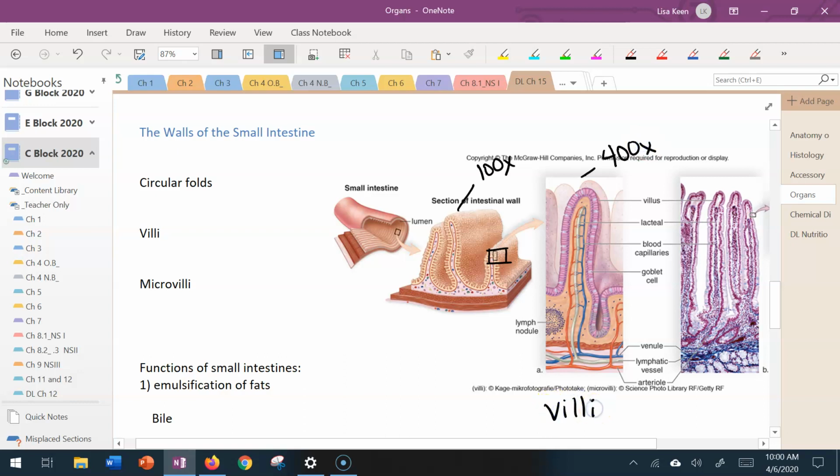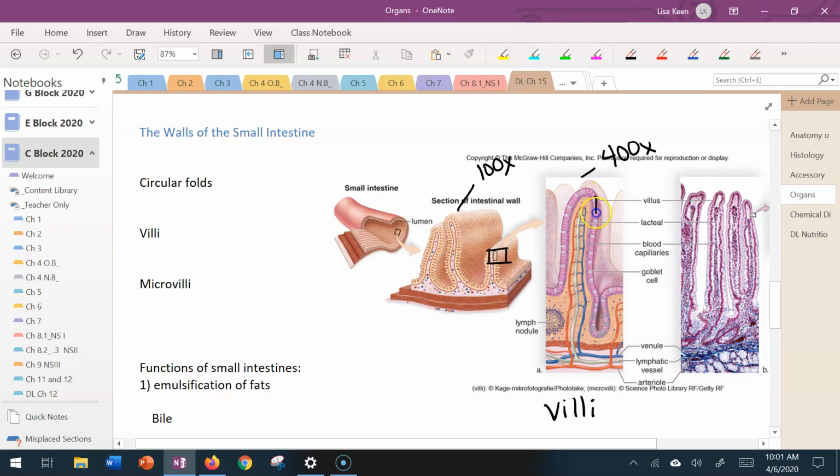You had a section on your gizmo about villi. A villus is primarily a blood vessel, a capillary blood vessel, and a lymphatic vessel. Together, that lymphatic vessel and capillary vessel allow for maximum absorption of food particles, or chyme.